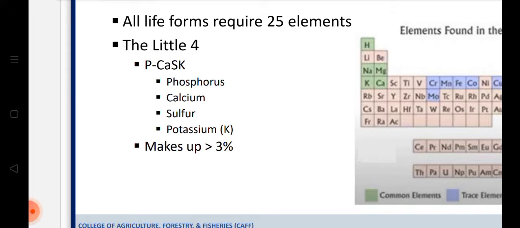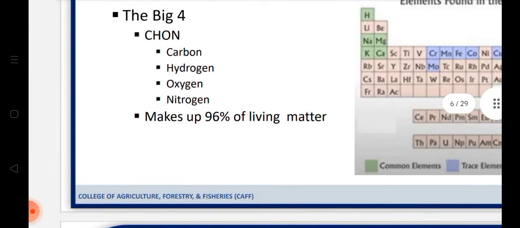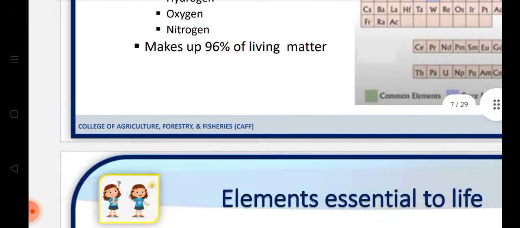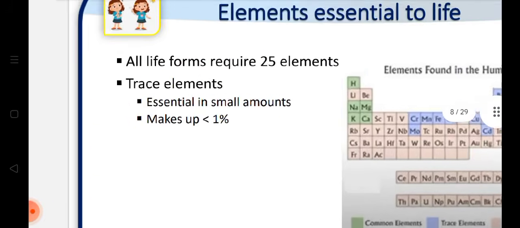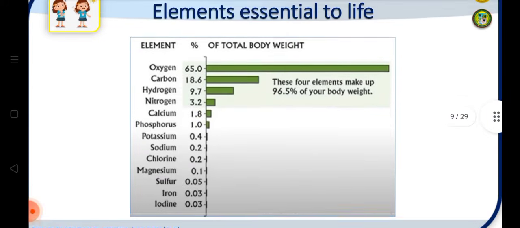This little four makes up less than 3% of the living matter, while the big CHON makes up 96% of the living matter. Trace elements, the ones in purple, are essential in small amounts, and make up less than 1% of living matter.